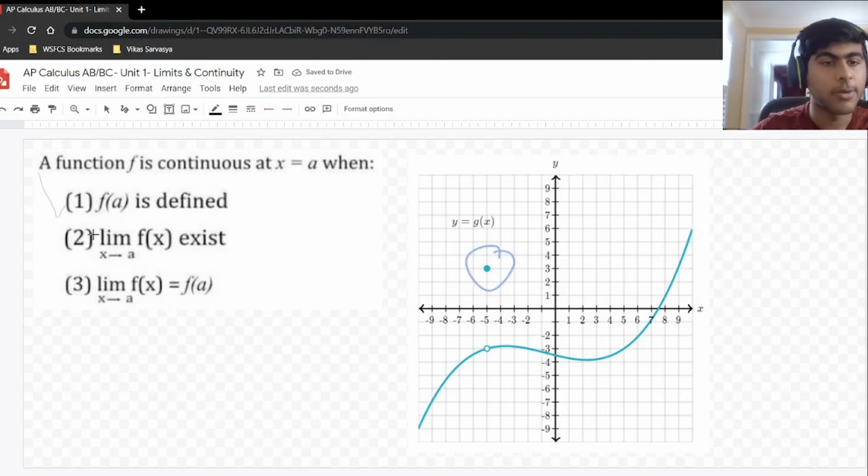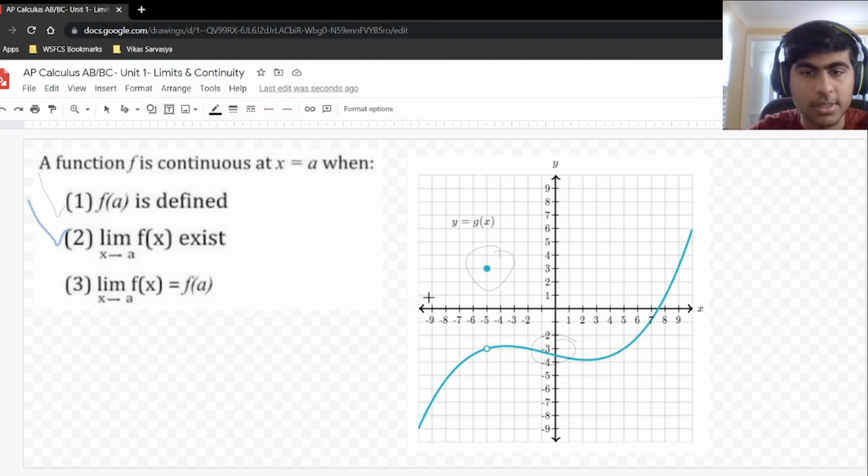And then they're saying the limit of f of x has to exist. Looking at this, the limit does exist. On both sides, as we get to x equals -5, we approach -3 from both the left-hand side and the right-hand side. So that limit does exist. But the last criterion is that the limit has to equal the value of the function.